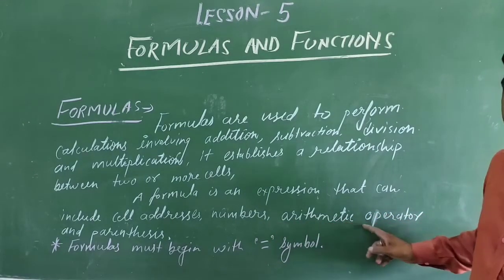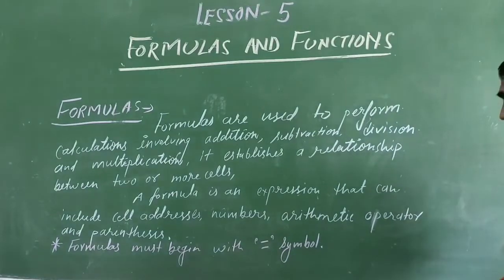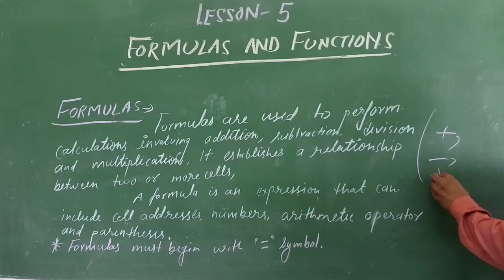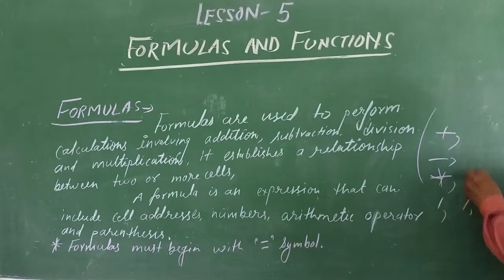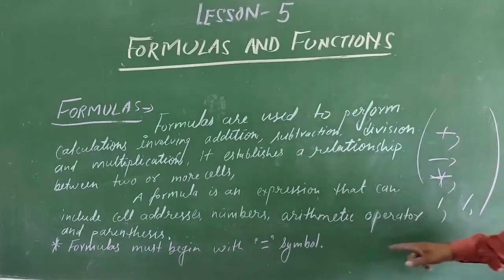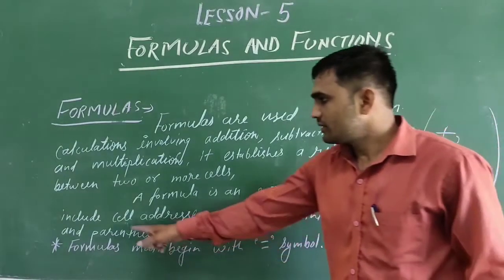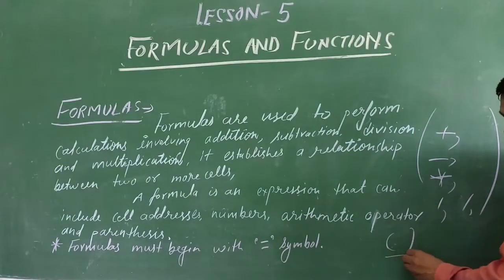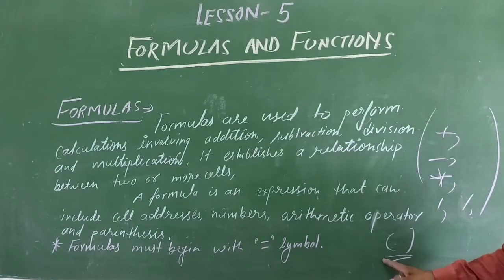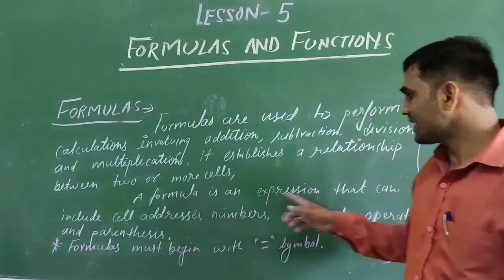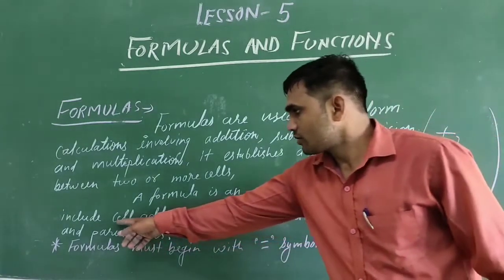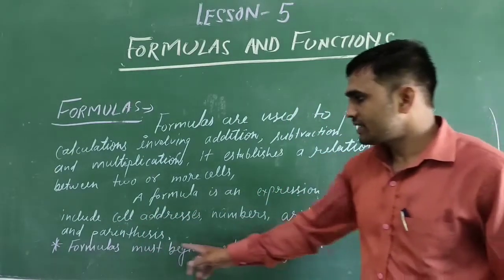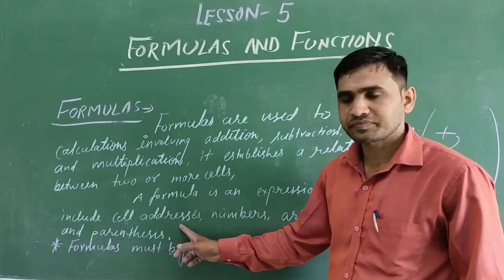Arithmetical operators mean we want to perform addition, subtraction, multiplication, division, modulus, etc. Any type of operation, and there are parentheses. So a formula is an expression that can include cell addresses, numbers, arithmetical operators and parentheses.